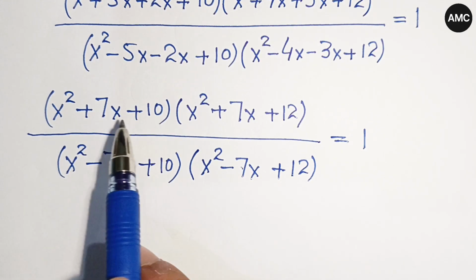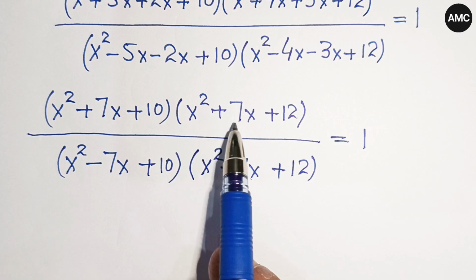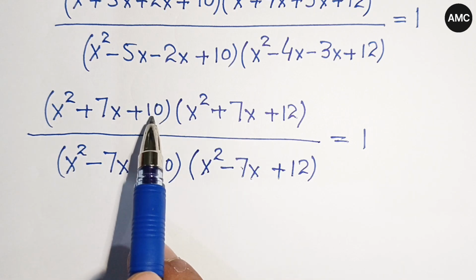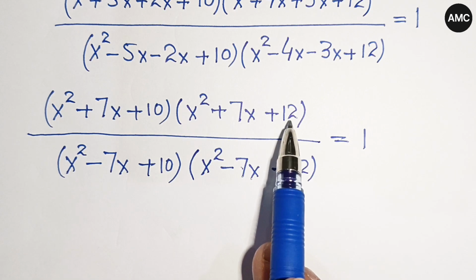So here we see that it is x squared plus 7x in both, but here it is 10 and here it is 12. So we have to make this one 10.